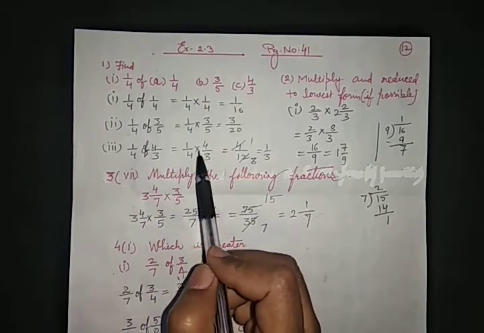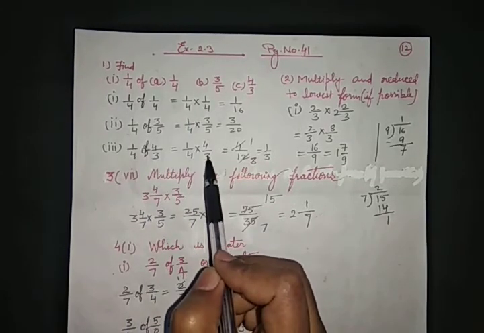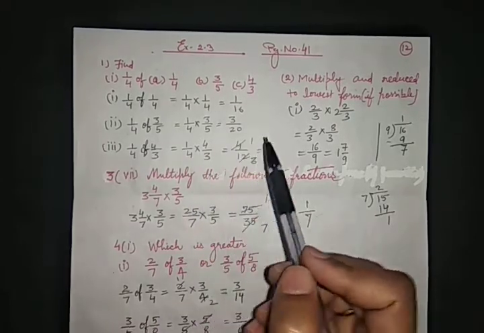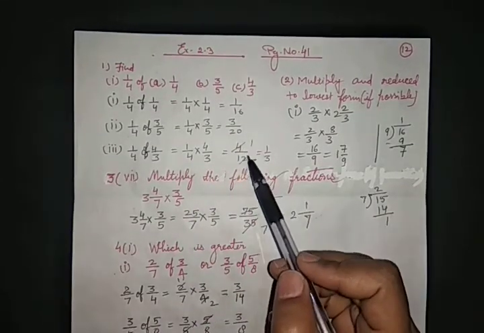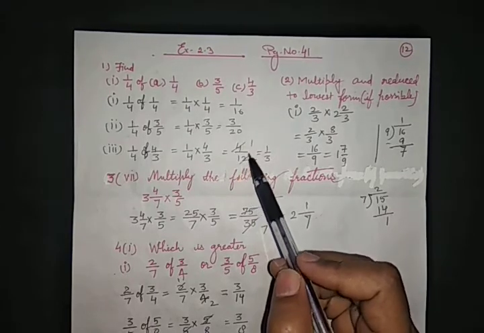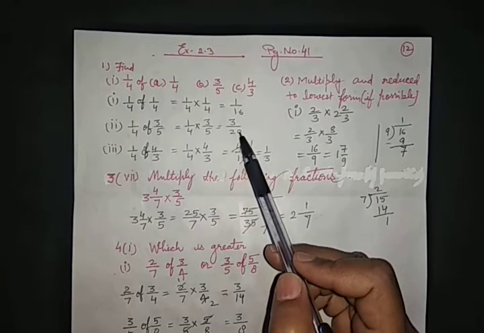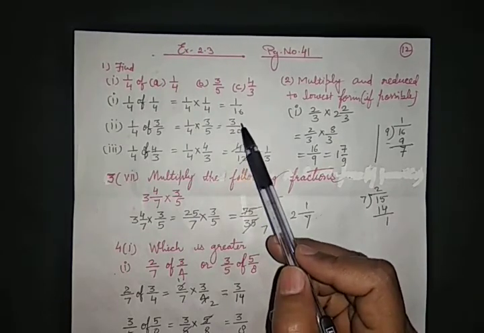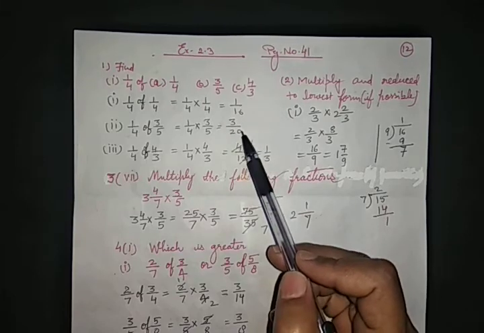Now the third part is 1 upon 4 of 4 upon 3, which is 1 upon 4 into 4 upon 3. 1 into 4 and 4 into 3. Here the numerator will be 4 and the denominator will be 12. In these two parts you have seen that we cannot reduce these fractions.